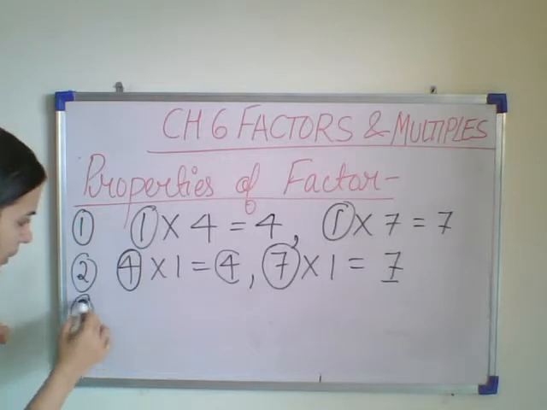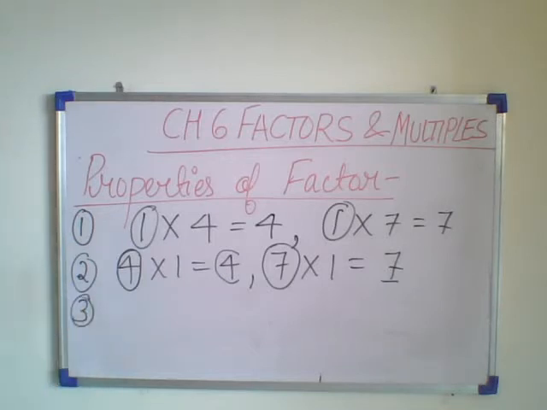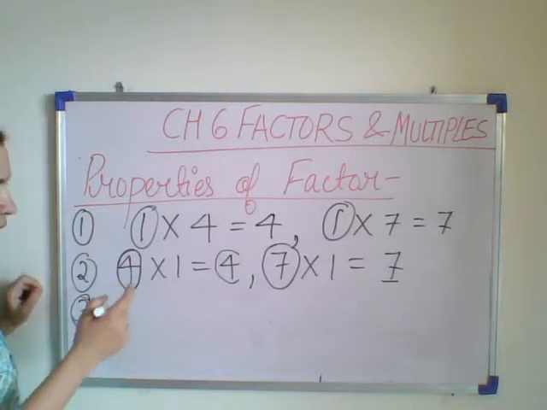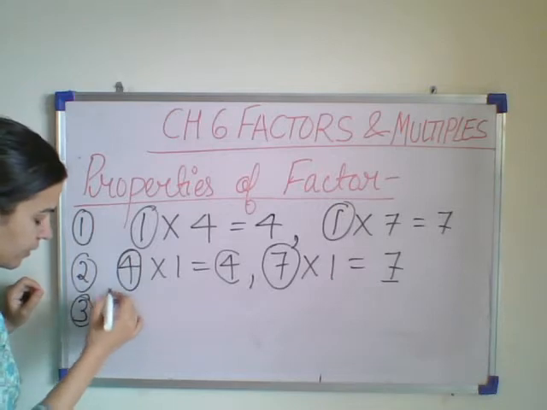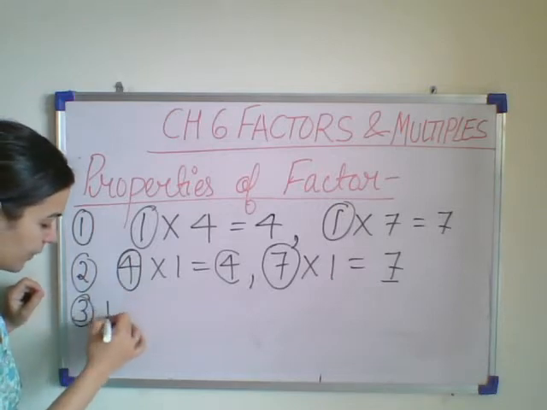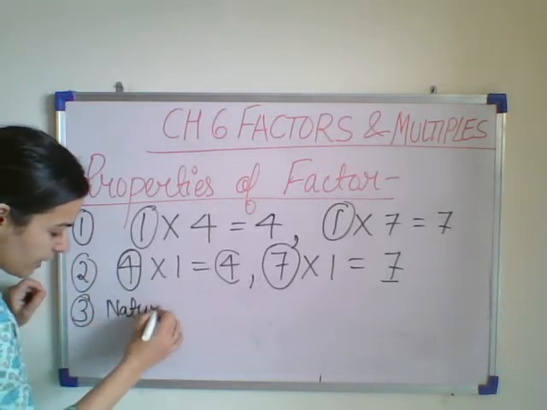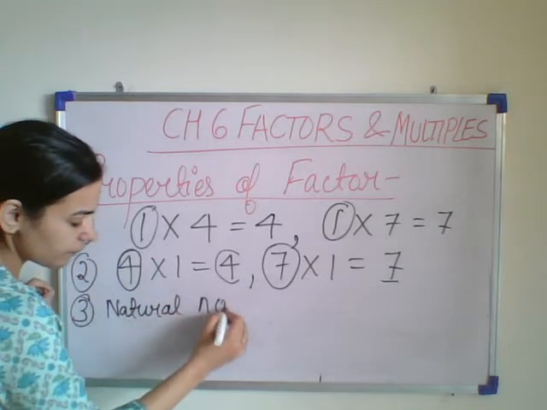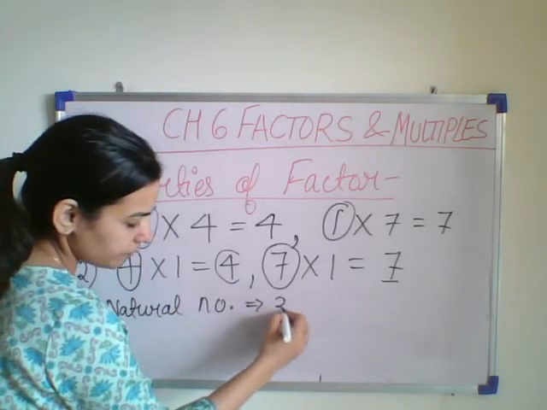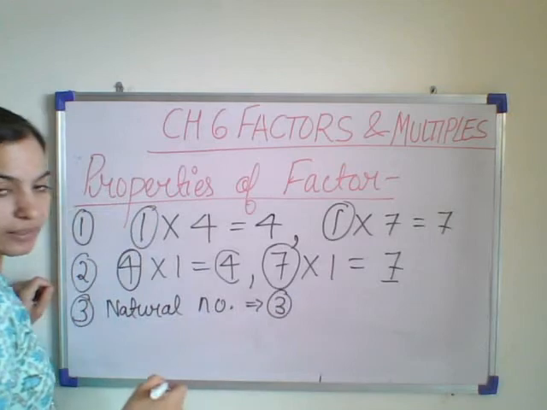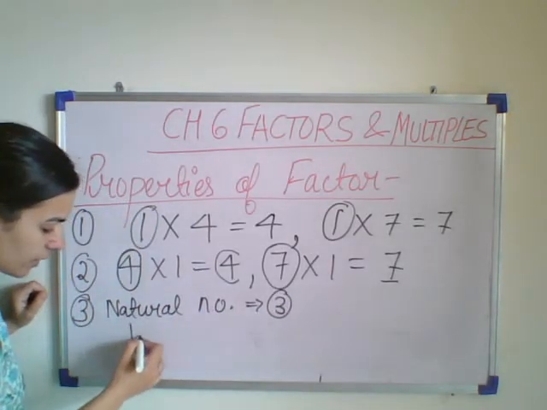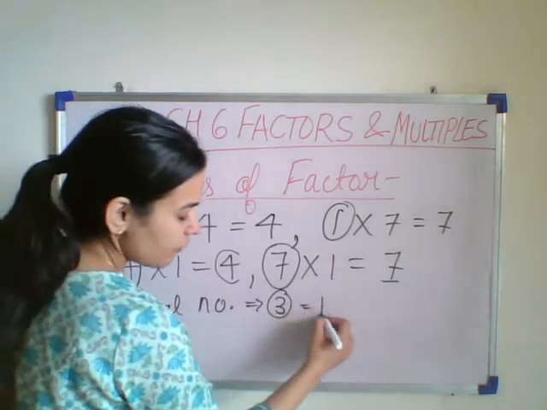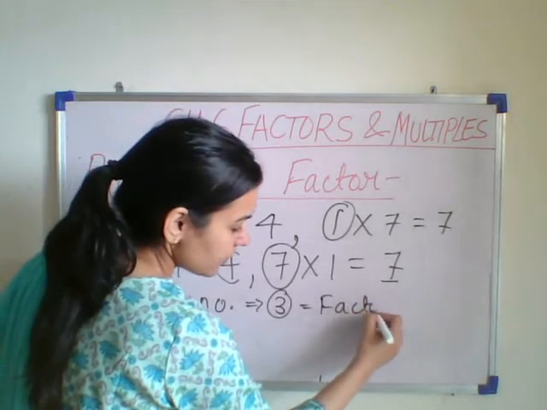What is the third property of the factor? Every natural number has at least 2 factors. Like if I take a natural number 3, how many factors are there of 3?